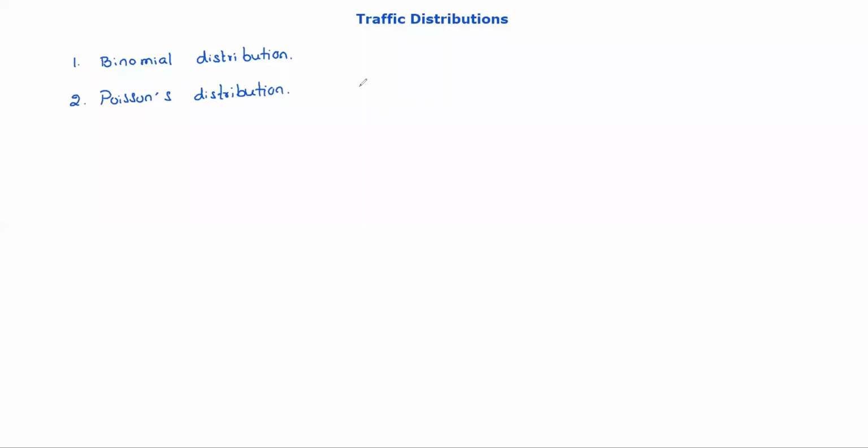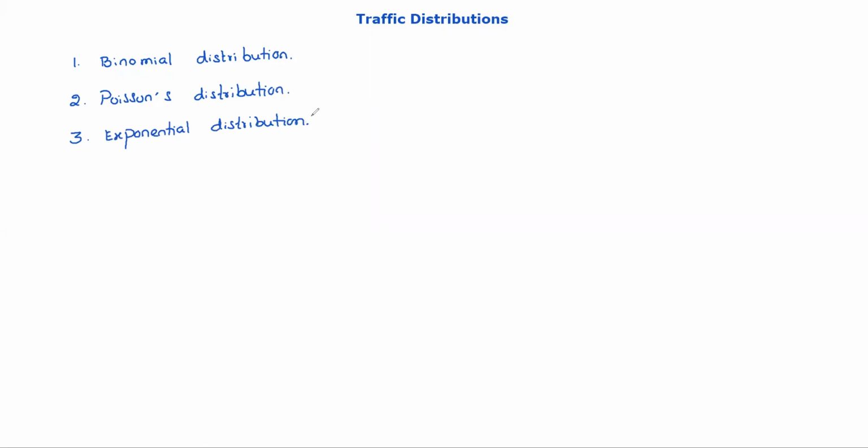Number three, exponential distribution. Okay. So how to apply these distributions to traffic, we will see.